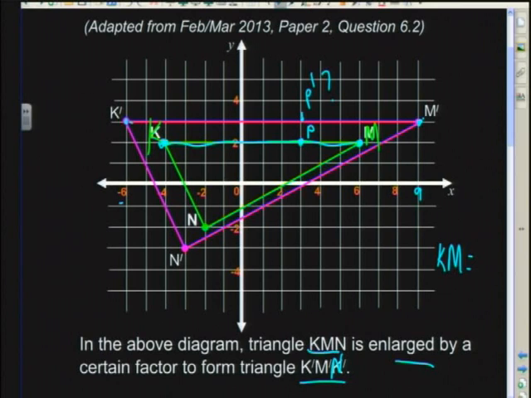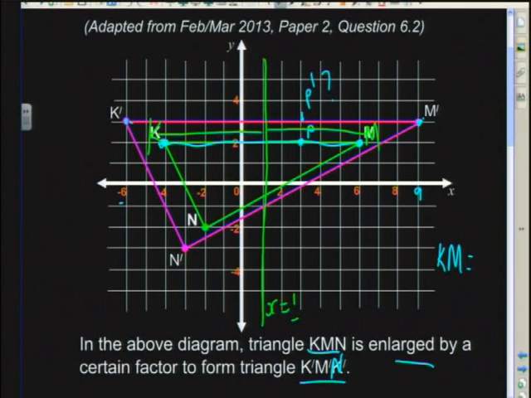Now, when we're looking at this, we're looking for a line that's going to make these 2 points equidistant. So I want the distance from K to the line and from M to the line to be exactly the same. And guys, that happens when x is equal to 1. So therefore, the A value is 1.